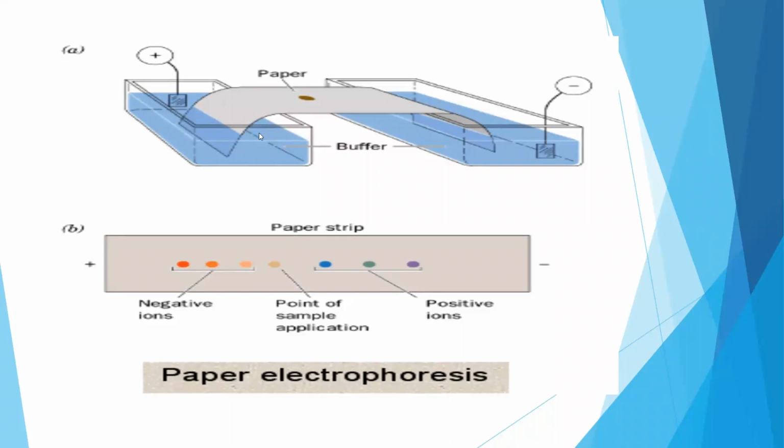What happened? Molecules with a net positive charge move towards the negative cathode, while those with a negative charge migrate towards the positive anode.